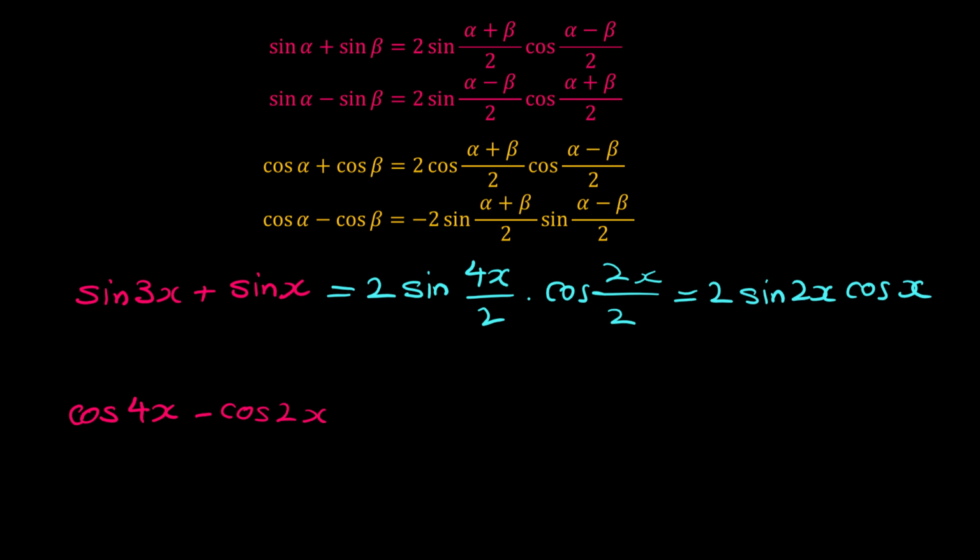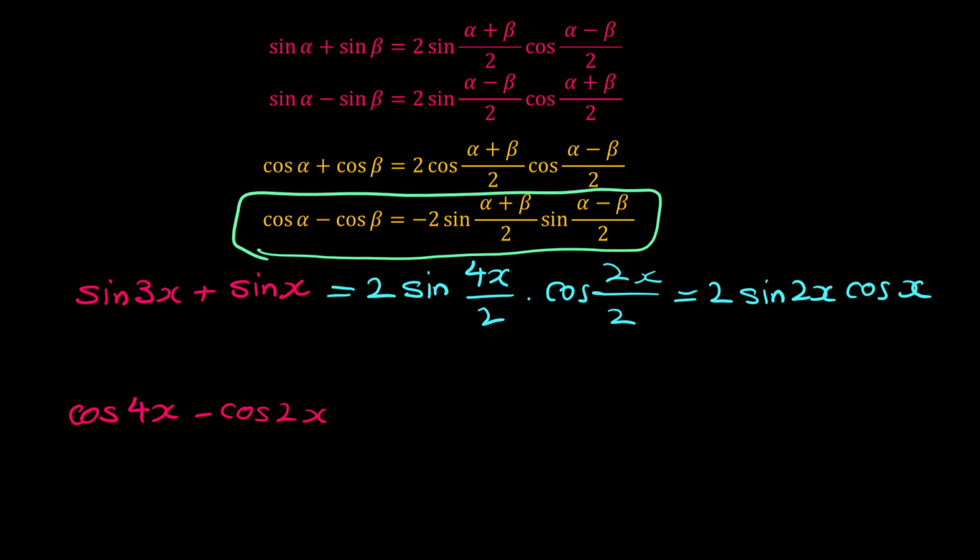Cosine of 4x minus cosine of 2x. For this one, of course, we have to use this formula here. Cosine of alpha minus cosine of beta equals negative 2 sine of the sum of the angles alpha plus beta.